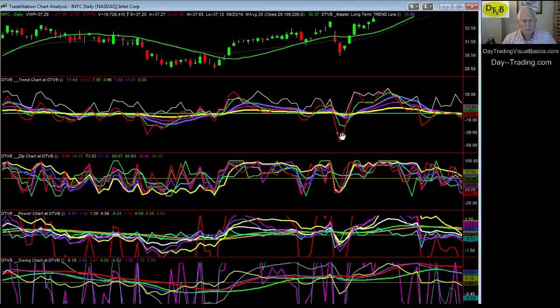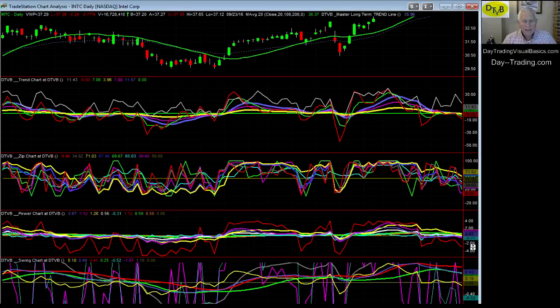Whenever trend red is under that 30 range, sometimes 40 range, it can reverse back up. You typically get a nice uptrend when trend red is low.